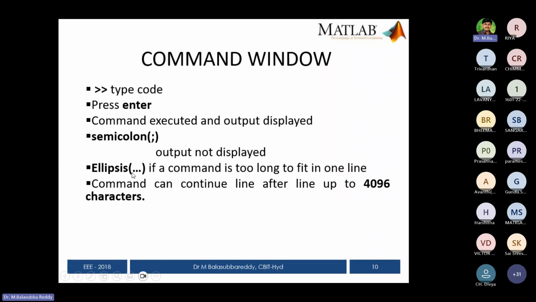And then the dot dot dot: if the line of code or equation is very lengthy, it will end that line after some characters, show you dot dot dot, and then come back to the next line automatically.